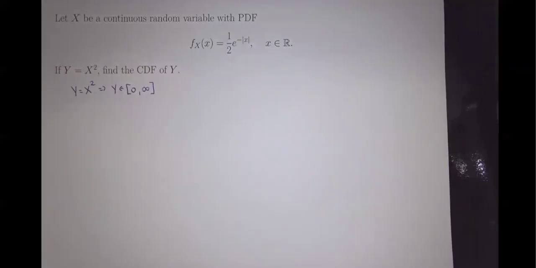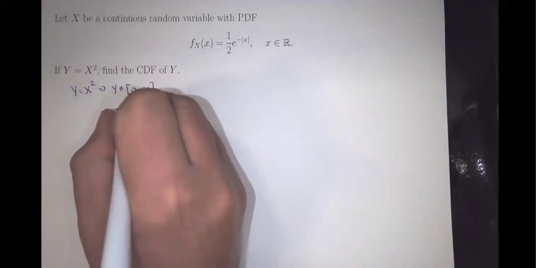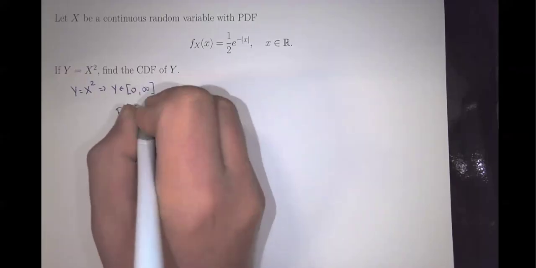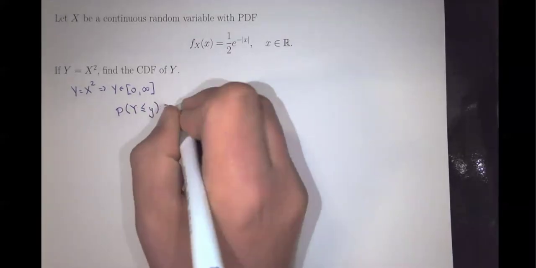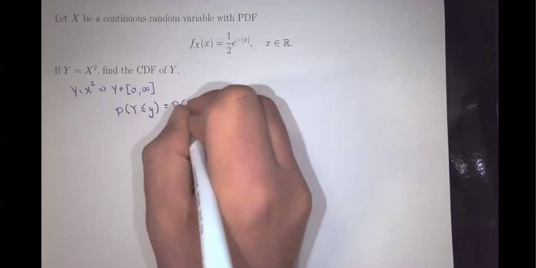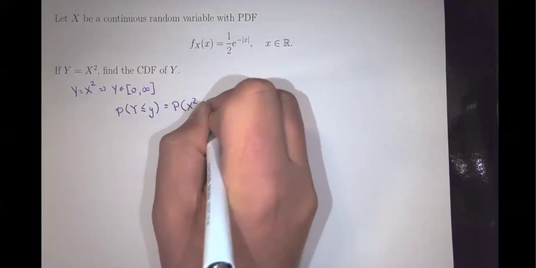The cumulative density function is going to look like the probability that our random variable y is less than or equal to some value little y. So this is the probability that x squared is less than or equal to some value little y.